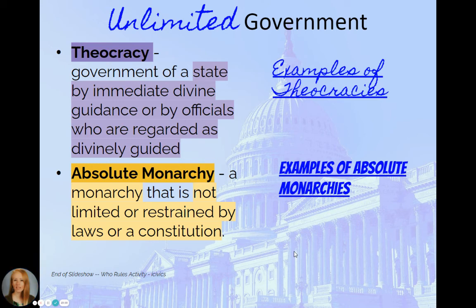Most likely they are not elected. It could be hereditary, like an empire, where it's passed down from a king to a prince and the prince's subsequent children. It has to go through a bloodline. So I do recommend looking at some examples of theocracies and examples of monarchies as well.